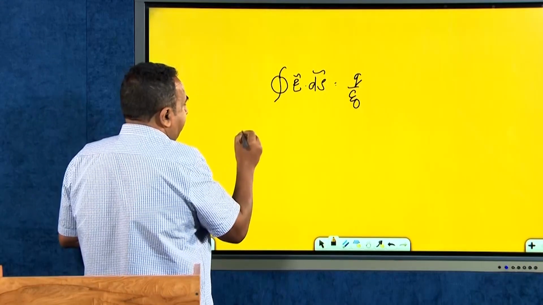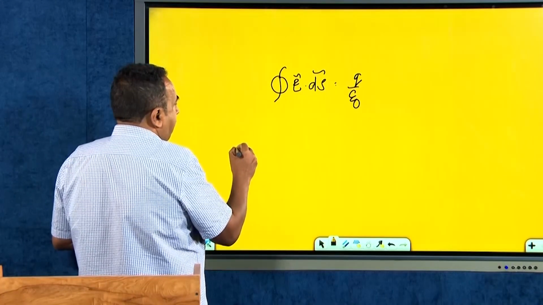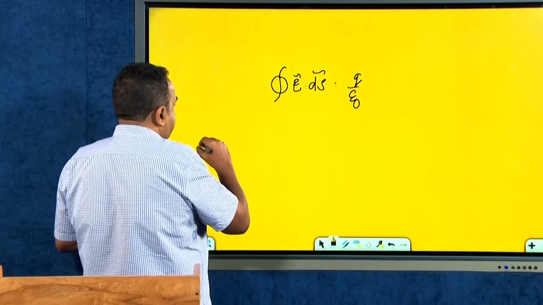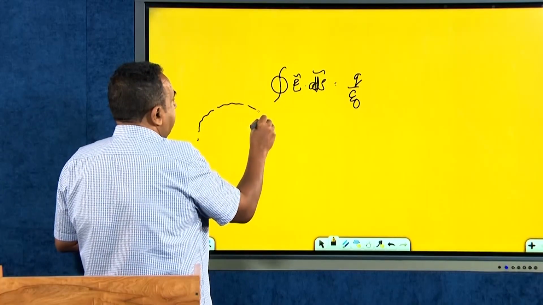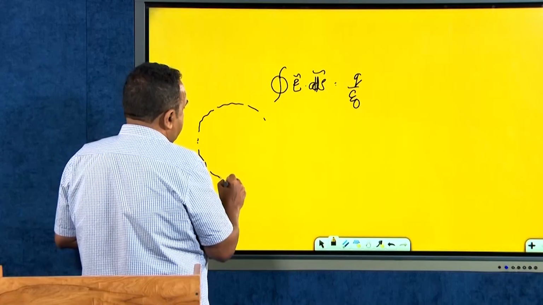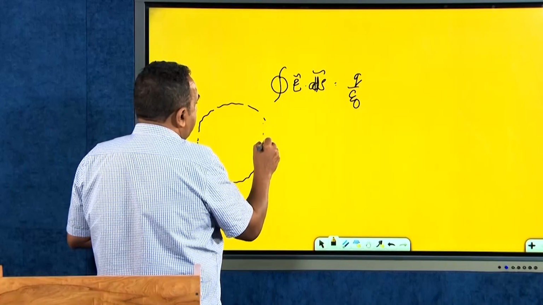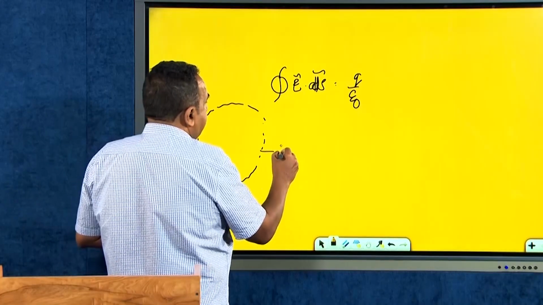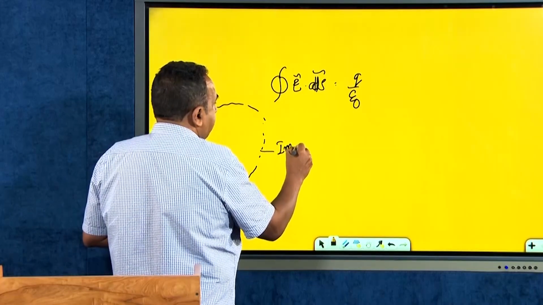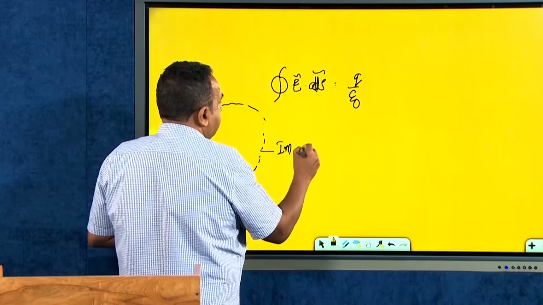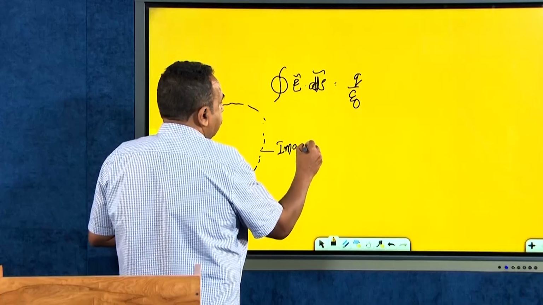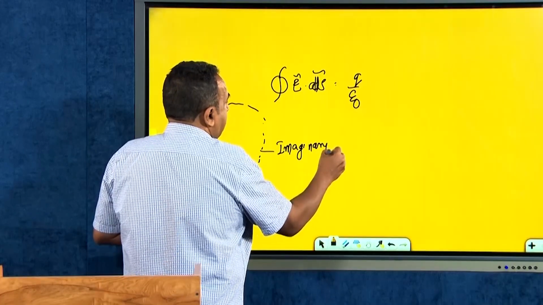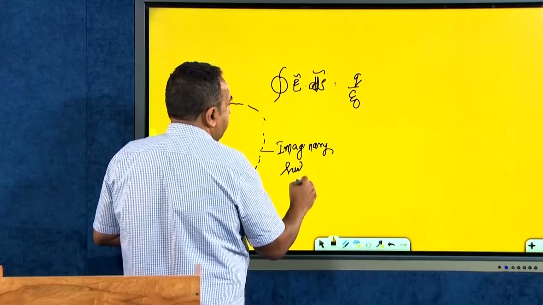Now, if I have any type of charge distribution, I have to construct a Gaussian surface. If it is a point charge, I will be constructing a Gaussian surface like this. This is an imaginary surface.